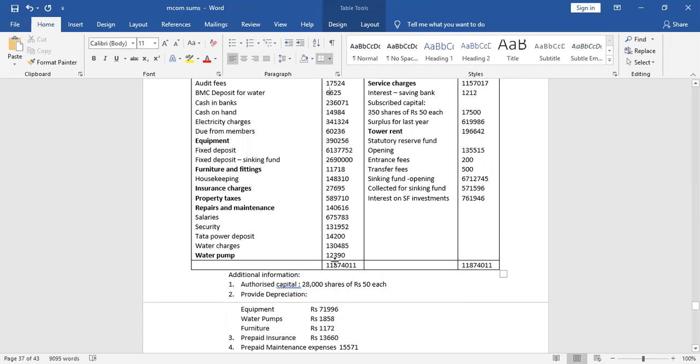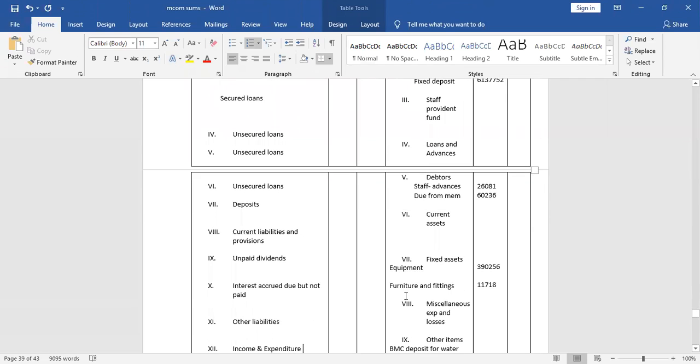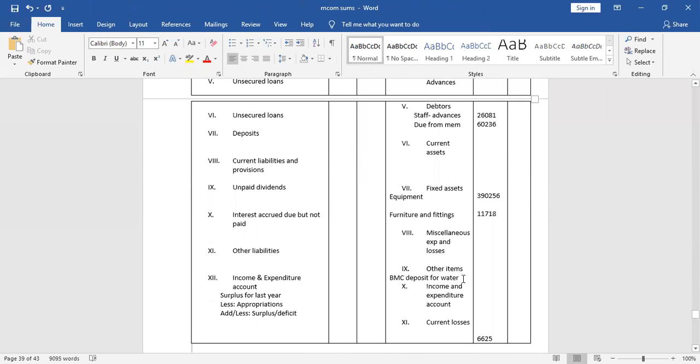Then what is the next one? Tata Power deposit 14,200. Whatever deposit is in the debit side will come under other items. One is for water, another one is for power.